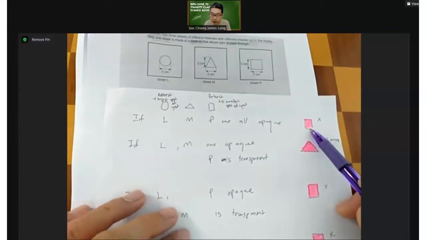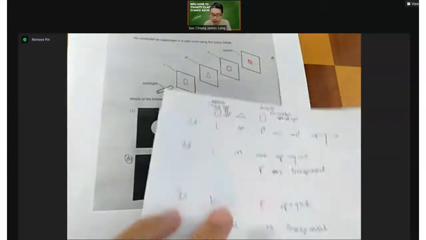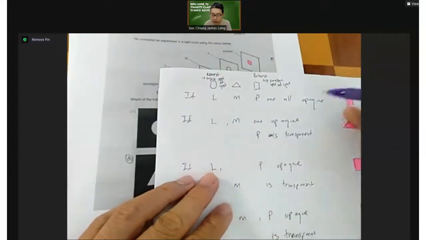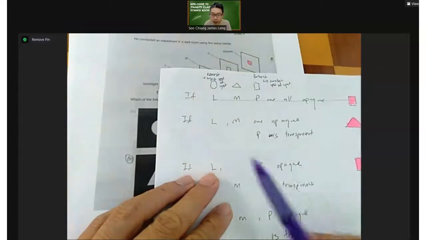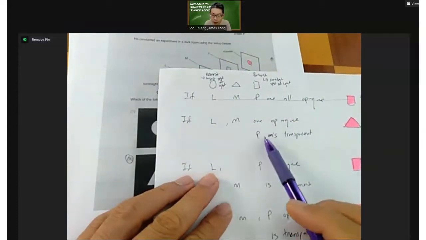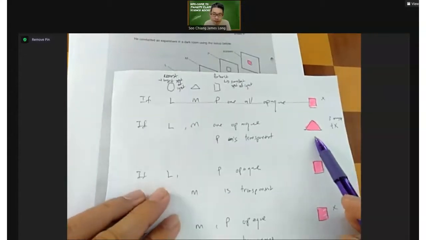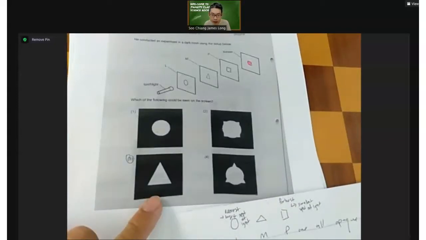Right? We just went through that lesson, but there isn't such an option in the answer. Okay, so this is out. Now let's say I assume L and M are the opaque ones that do not allow light to pass through. P is the transparent one. I think I'll get this. Alright, which will give me the answer 3.